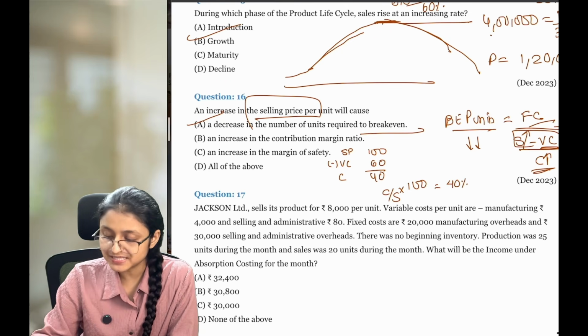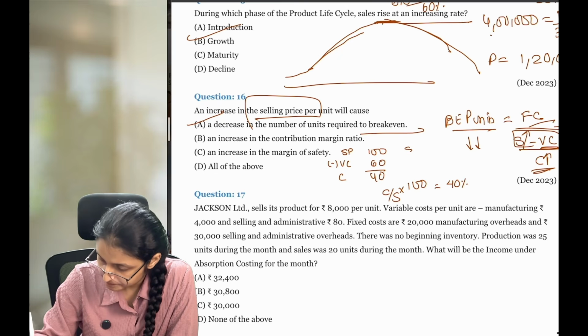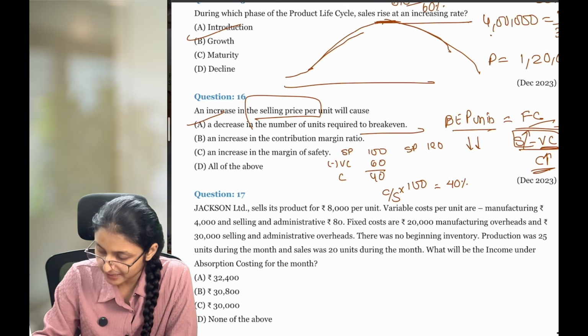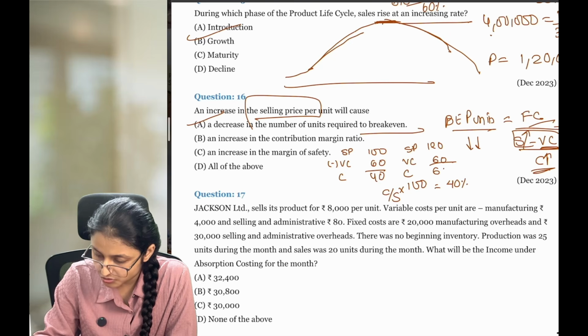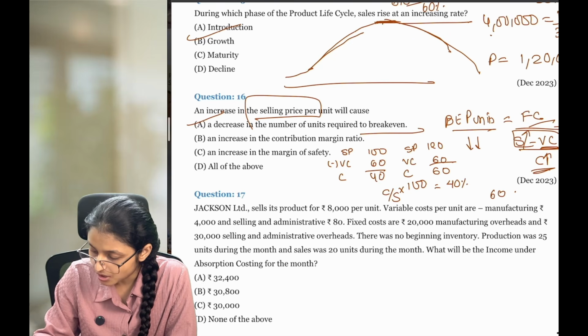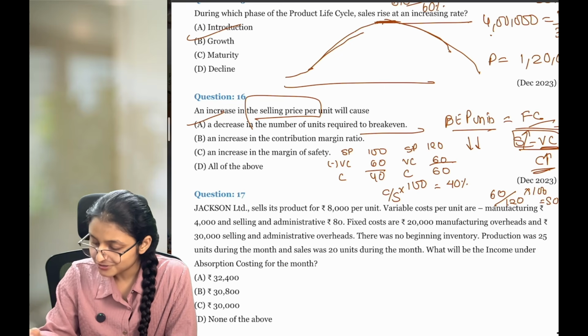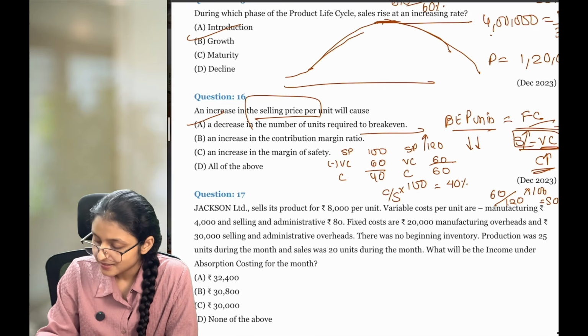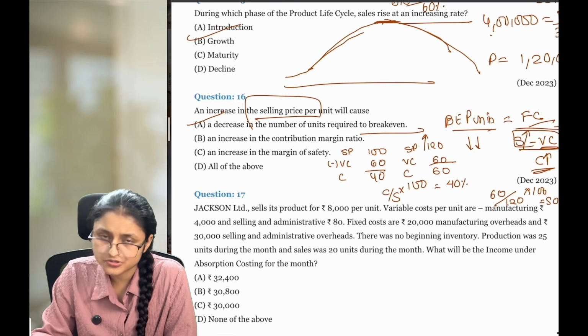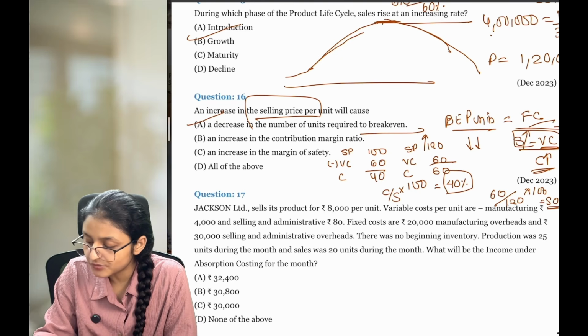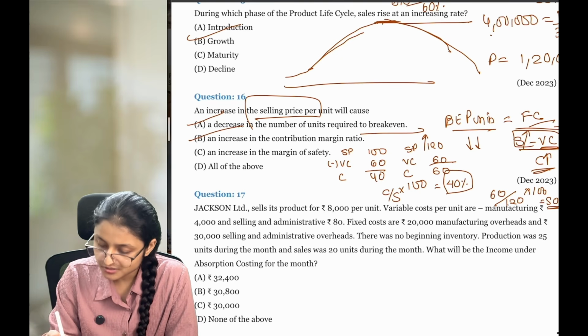But if my selling price increases, other things remain same. Let's say my selling price became 120, my variable cost is as it is. So my contribution is going to be 60 now. Contribution upon sales into 100 is equal to 50%. So due to increase in selling price, my contribution margin ratio is also increasing. Earlier it was 40, now it has increased to 50%. So this is also correct.